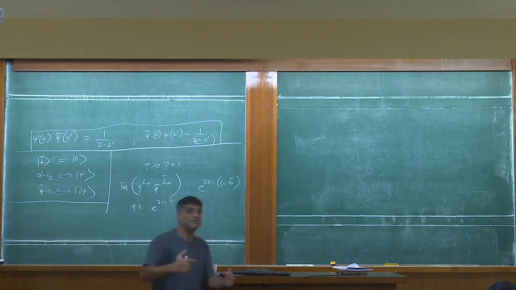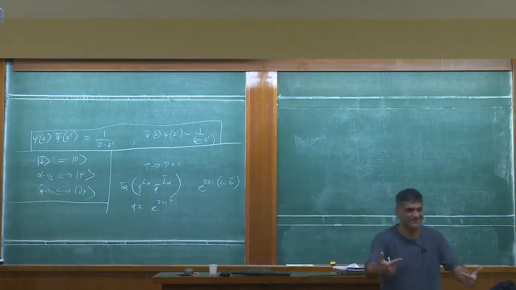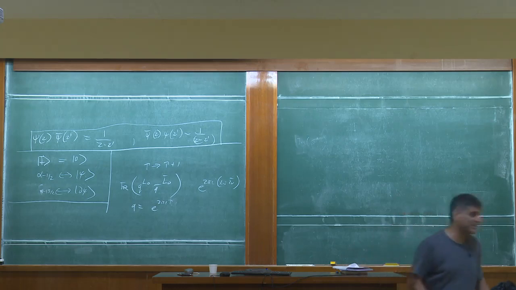So if you demand that your partition function is invariant under this transformation, it must be that e to the power 2 pi i (L naught minus L naught bar) acts trivially on the spectrum. But what does that mean? L naught minus L naught bar is spin. So it tells you that all spin quantum numbers have to be integers.